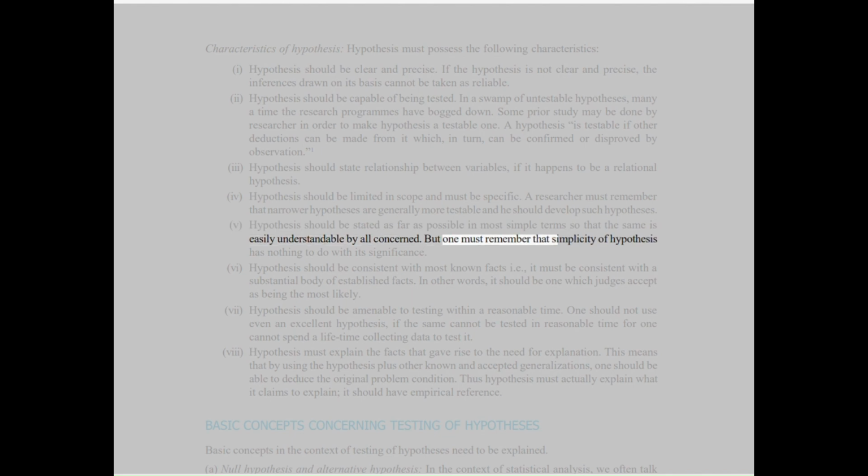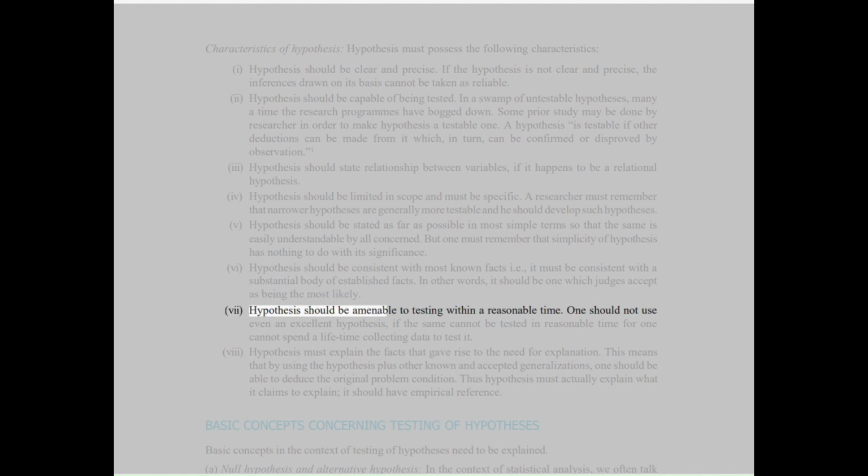But one must remember that simplicity of hypothesis has nothing to do with its significance. 6. Hypothesis should be consistent with most known facts, i.e., it must be consistent with a substantial body of established facts. In other words, it should be one which judges accept as being the most likely.